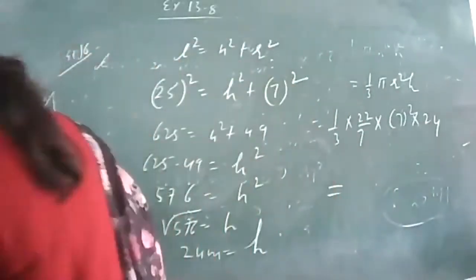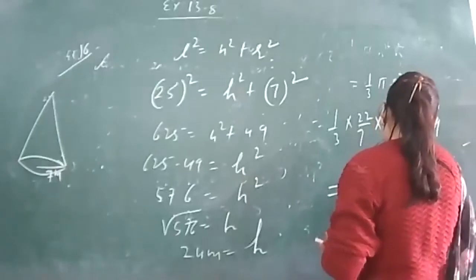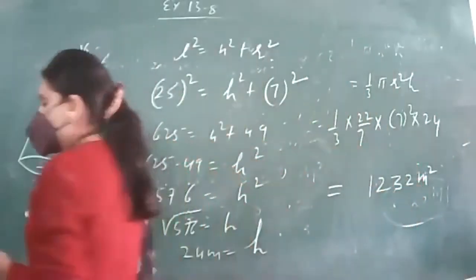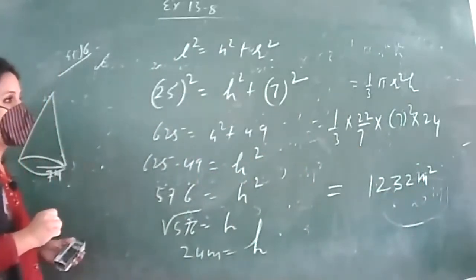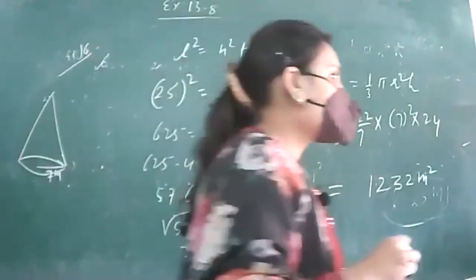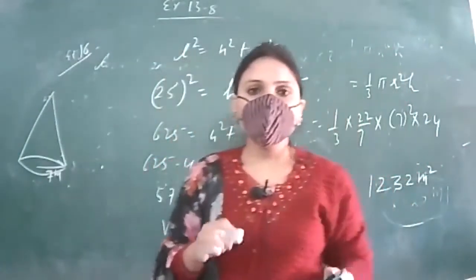Solve it and you will get 1232 meters cube. 1232 is the answer for the volume of the conical tent.